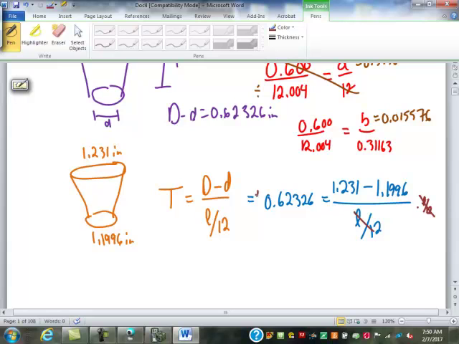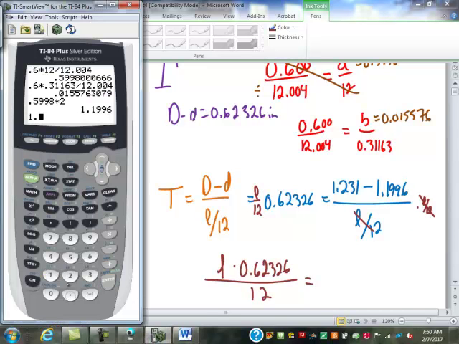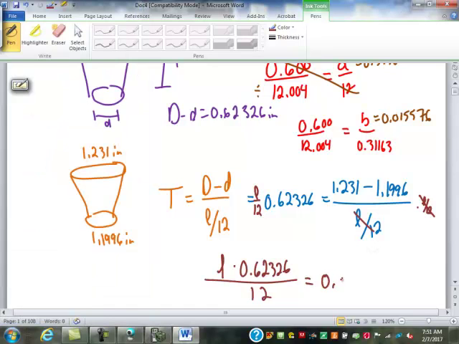So cancel this out. This will be L over 12. This is L times 0.62326 over 12. I'm going to subtract over here. 1.231 minus 1.1996. 0.0314.